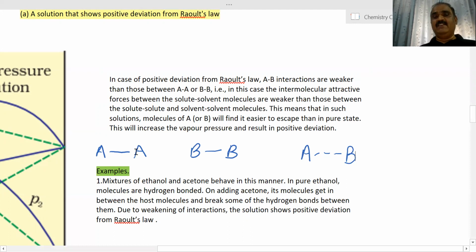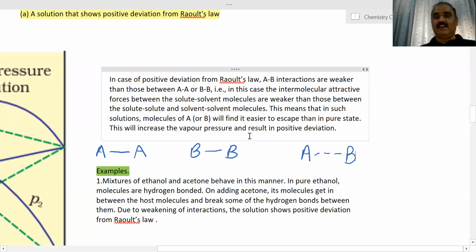Okay. And when strong interactions are dissociating and weak interactions are forming, that means A and B molecules are held by weak interactions. They will be having more vapor pressure due to more rate of evaporation. And that is why it is deviating from Raoult's law.